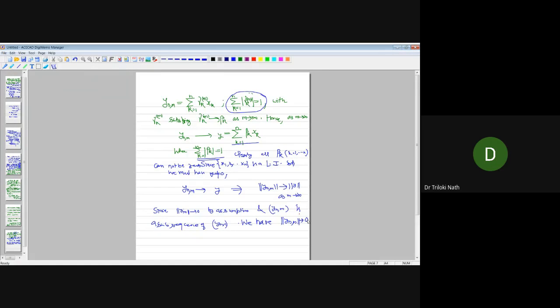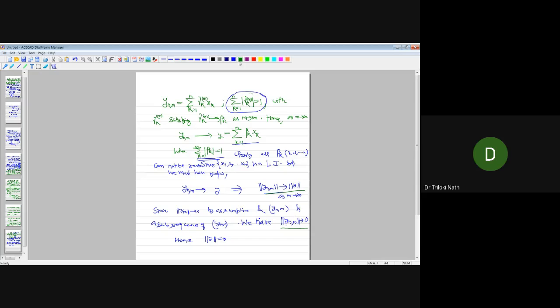Hence, norm of y is 0. Why is norm of y 0? Because already you have shown that y n m converges to y, so norm y n m converges to norm y, and here you have shown that norm y n m converges to 0.